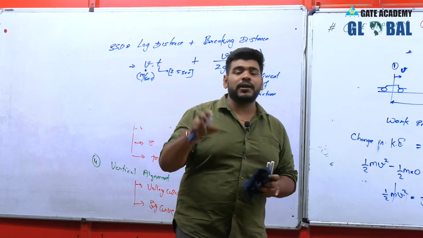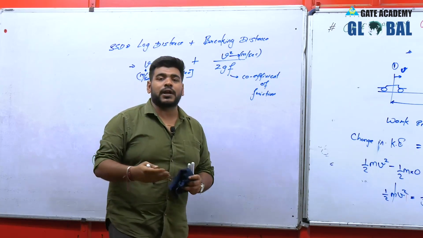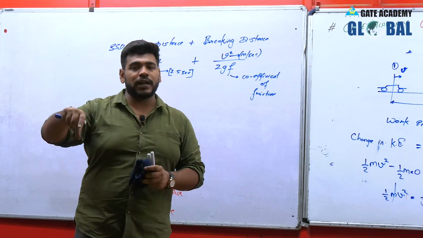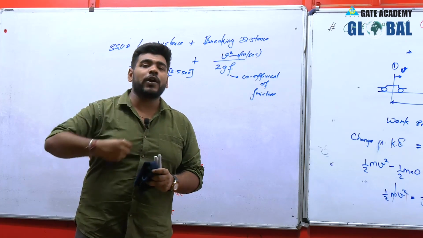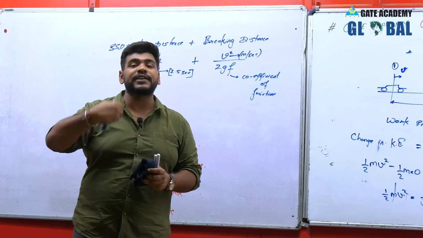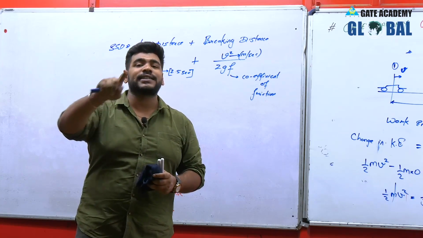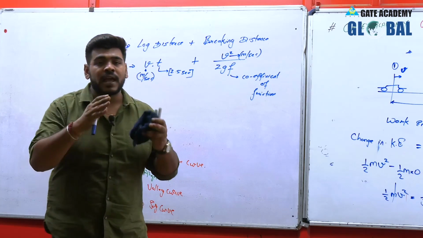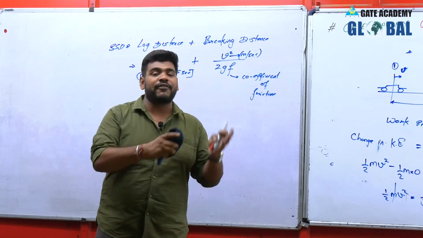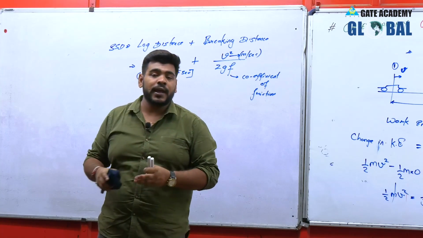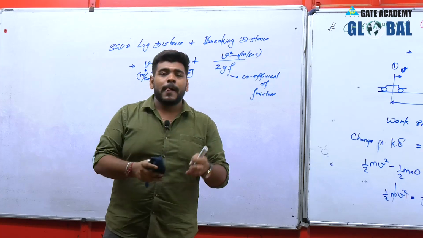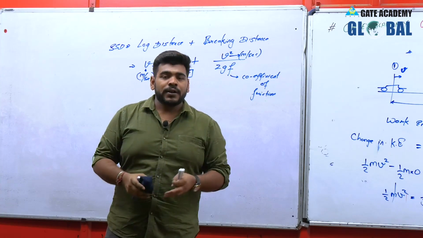But the lateral friction will not come into role until our vehicle is moving on a horizontal curve. When our vehicle starts moving on a horizontal curve, centrifugal force starts acting on it, and it will try to take our vehicle out of the carriageway. So the friction helps our vehicle stay on the carriageway.